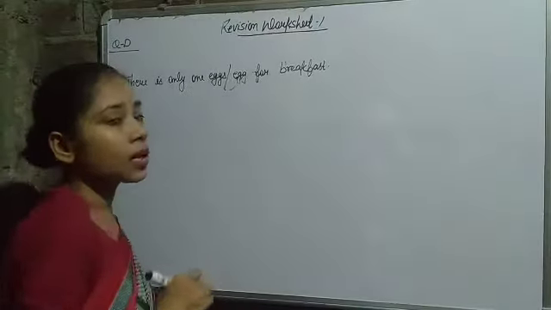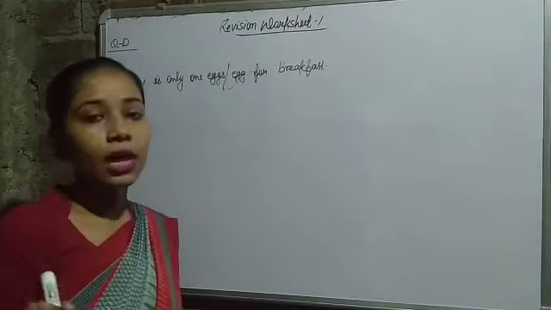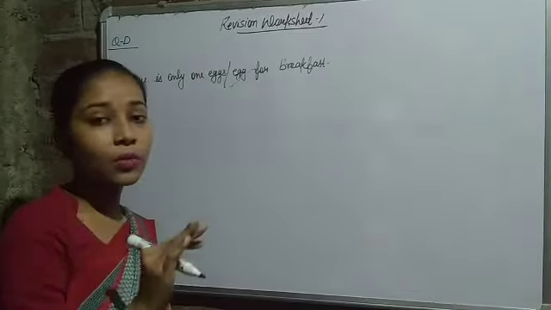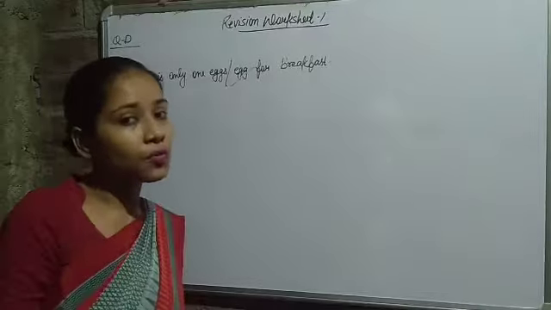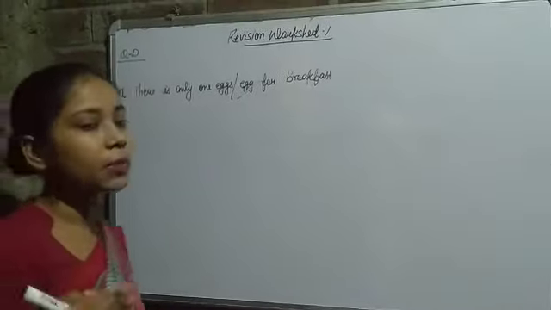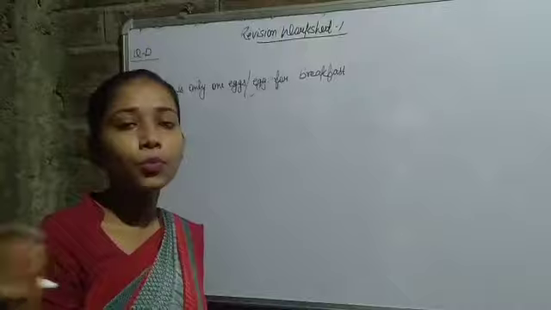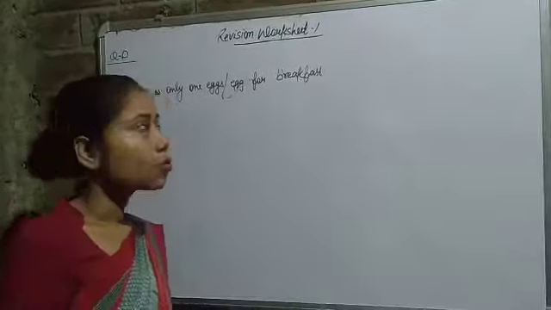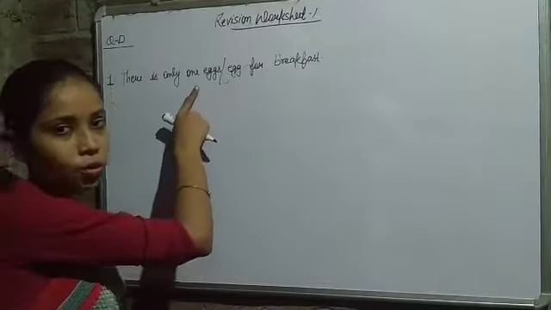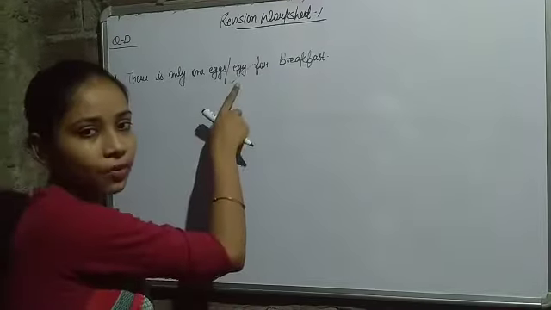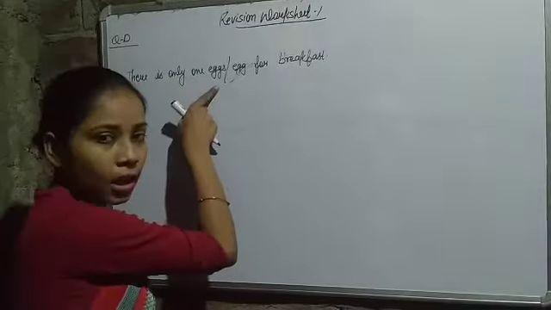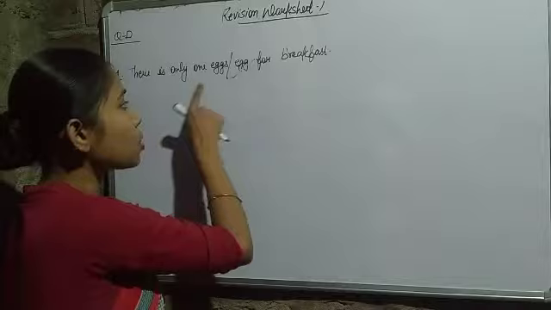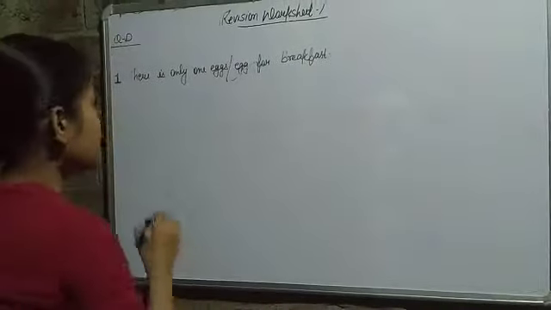So we have to take egg, because you already know that whenever we add s to a naming word, it always converts into a plural form. जैसे ही किसी naming word में हम s लगाते हैं, वो plural form में बदल जाता है. जैसे कि egg, अंडा, eggs, अंडे. तो जब यहाँ पे कह दे कि there is only one egg, तो मतलब वहाँ पे एक अंडा है, so we have to choose this. अंडा भी एक है और eggs भी बोले, it's not proper. So there is only one egg for breakfast.